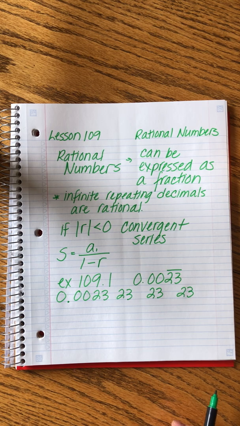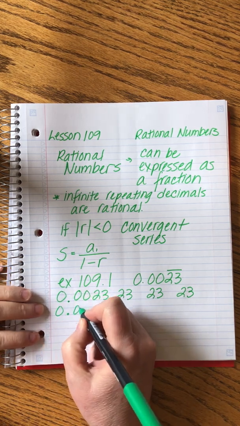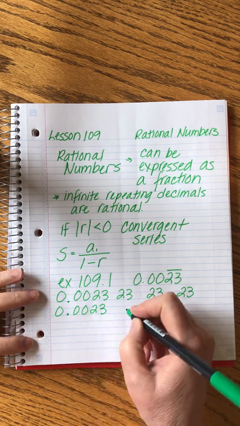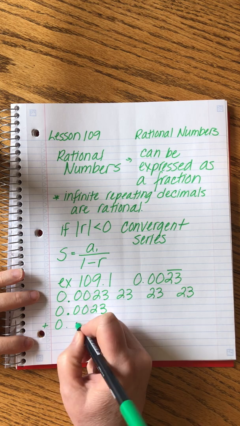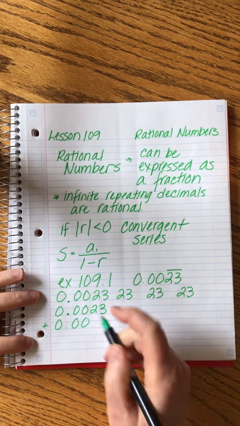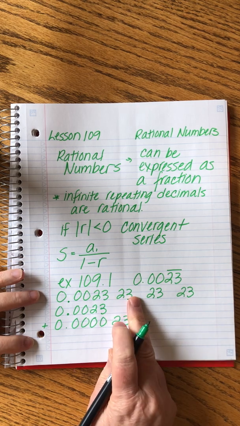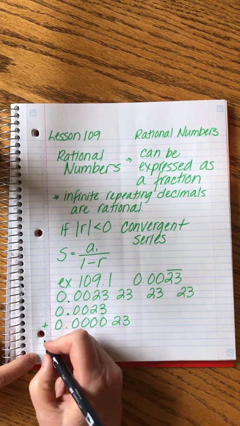Now, it occurs to me, I can write this as a series because this is the original amount, right? So this is my A1. And then I'm going to add to that this second set of 2, 3's, but instead of it just being 2 decimal places hanging out in space, I'm going to create a whole number that it represents.